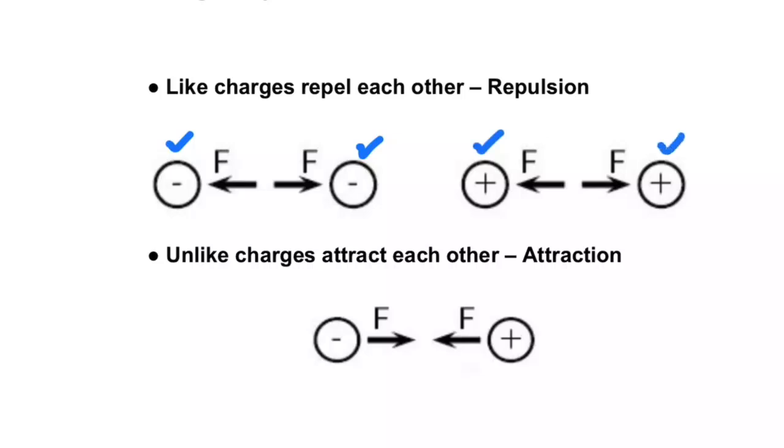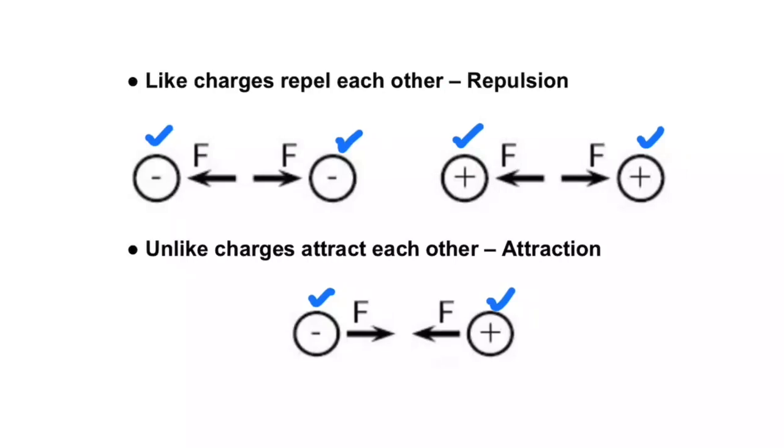They're going to repel each other because they are like charges. Electrons repel electrons, and protons repel other protons. While on the other hand, unlike charges attract each other. As you can see in this case, we have an electron and a proton, and they are attracting each other. The electron is pulling the proton towards itself, and the proton is pulling the electron towards itself.